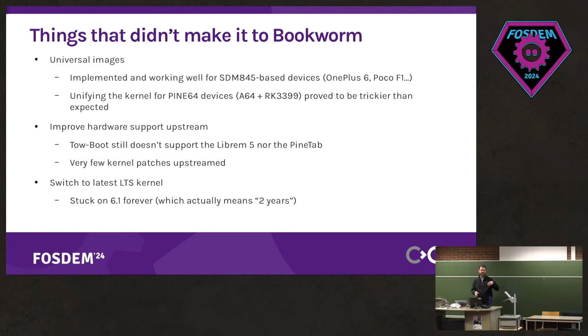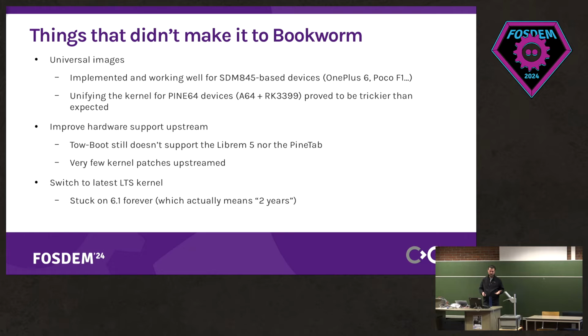But for Pine64 devices, for example, which are based on Allwinner A64, Rockchip, different chips also, it turns out that making a single kernel package out of those proved to be trickier than we anticipated. And so we basically dropped this effort at some point and focused on having just per device kernels, at least for this release.